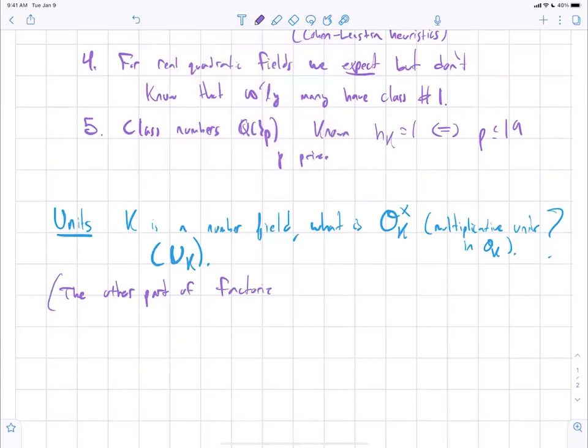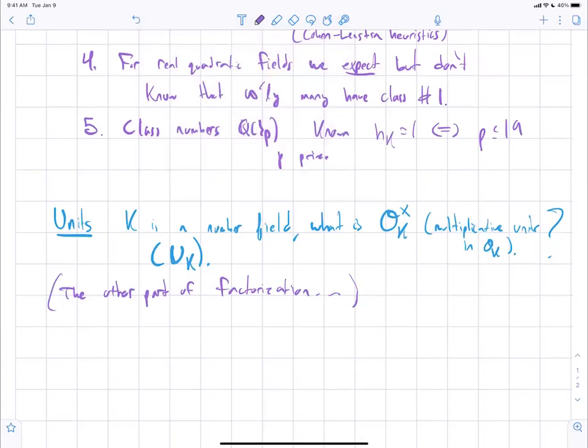When you have unique factorization, it tells you that you have a unique expression as a product of irreducibles, up to multiplication by a unit. So if you want to understand how factorization works, in the case where you do have unique factorization, then you want to understand what the units are.